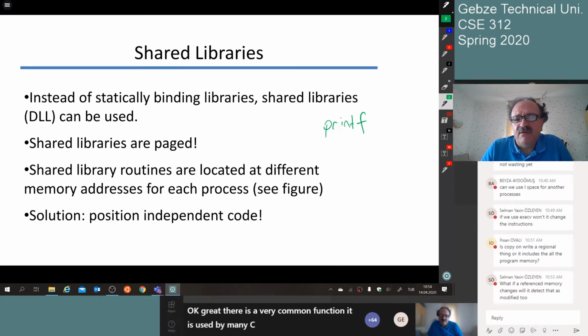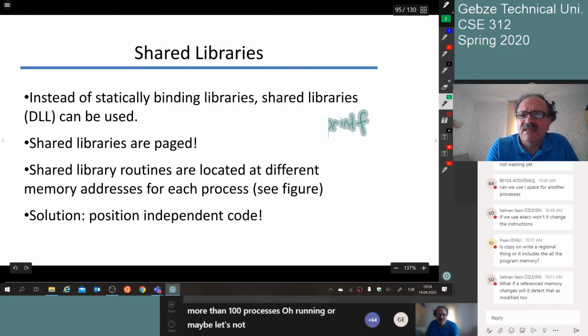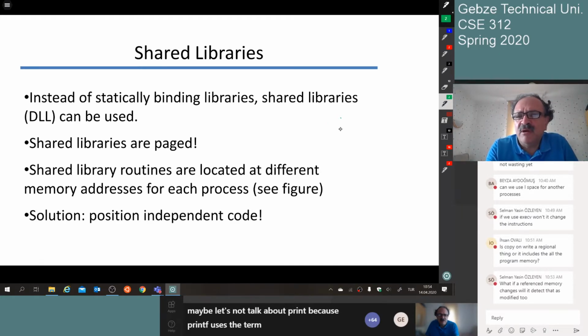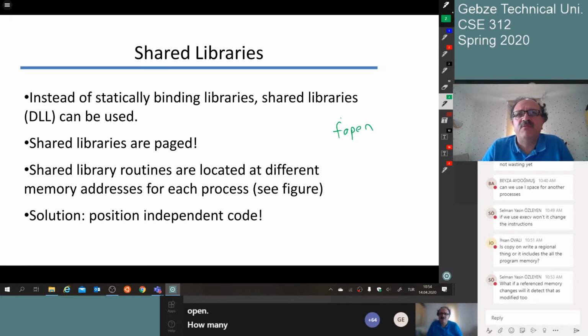If I have more than 100 processes running, or maybe let's not talk about printf because printf uses the terminal, let's talk about fopen. How many programs do you think call this function fopen? It's a function that makes a system call, but it's a function, right? So it has to be called.